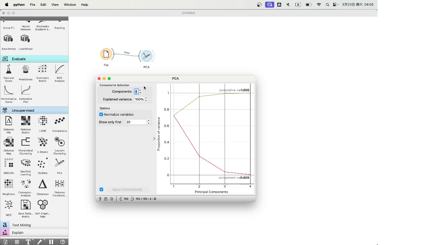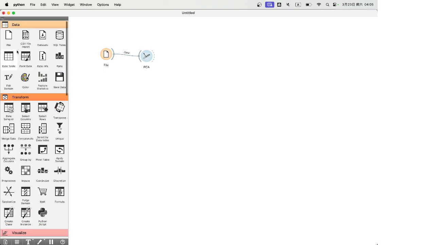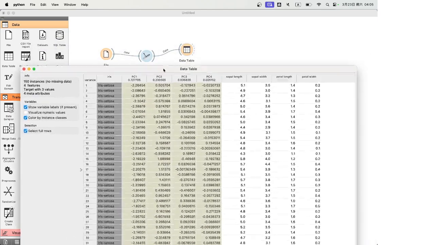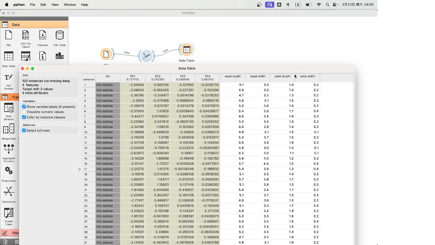We use 4 right here because we would like to show you something. You can click this one and it says we have the original data, 4 different lengths and widths. So here is the result of the principal components, the new coordinate values of this data point in the new axis system. The first principal component has 72% of the variance, then 23%, an additional 3%, and the rest.